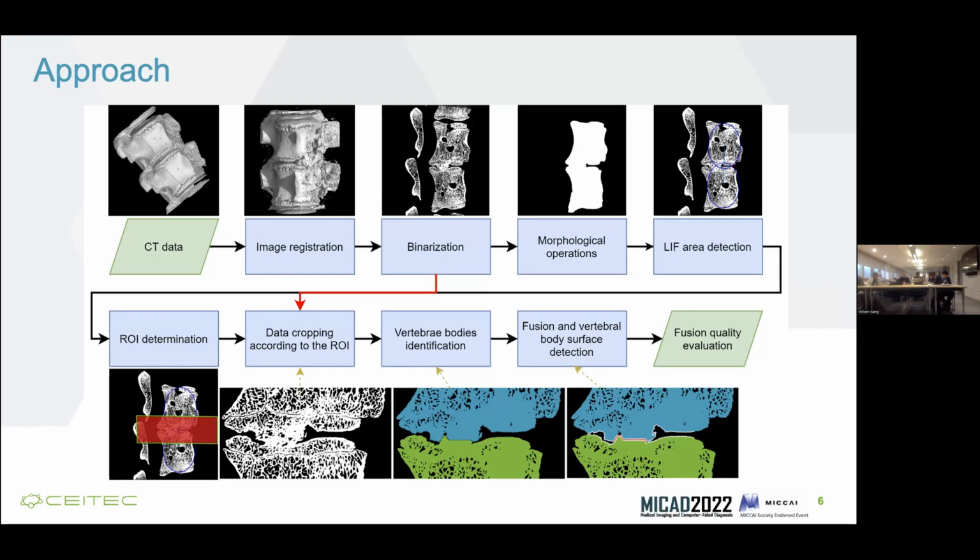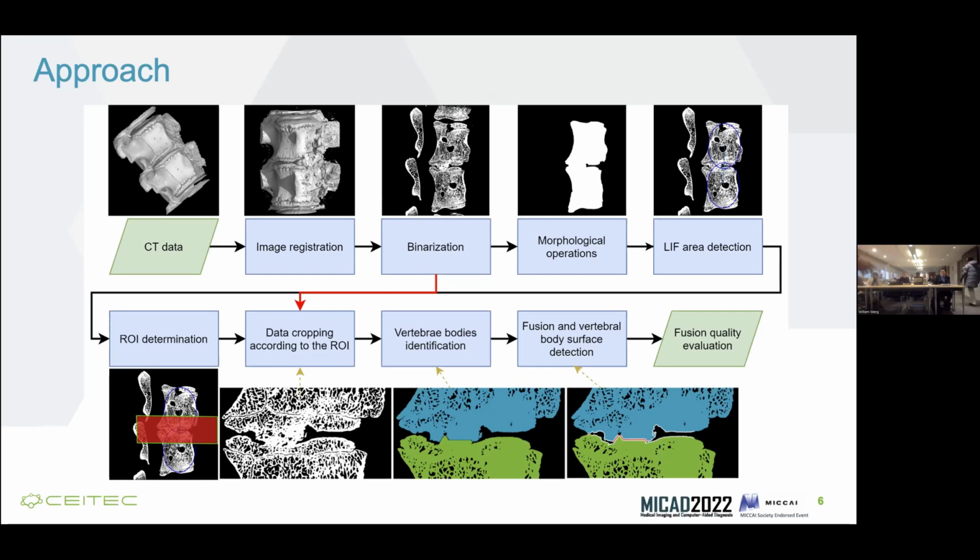Since the sample creates one connected unit, the area of lumbar interbody fusion is detected by fitting ellipses, one ellipse for each vertebra, and according to the intersection of the ellipses and their major axis, the region of interest is estimated.